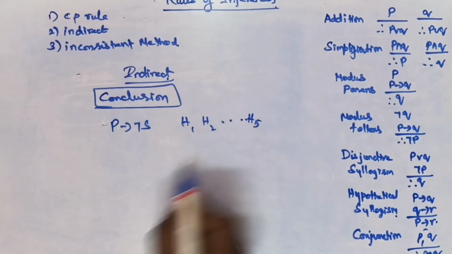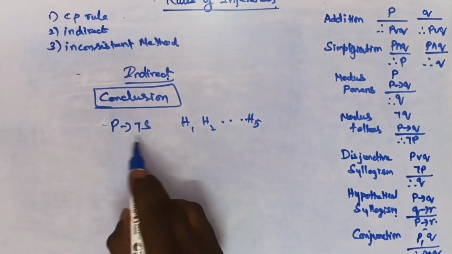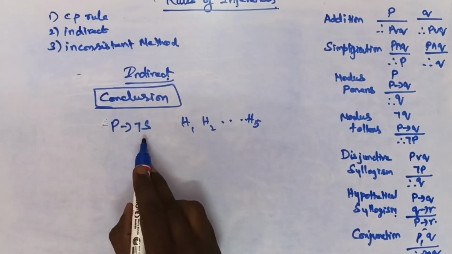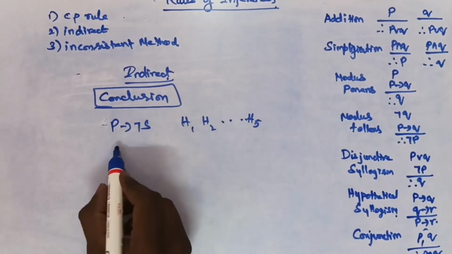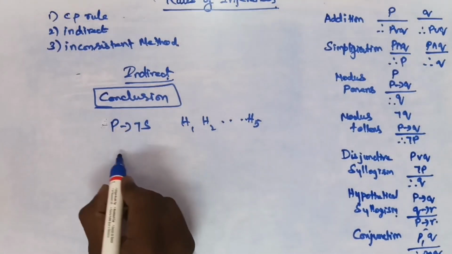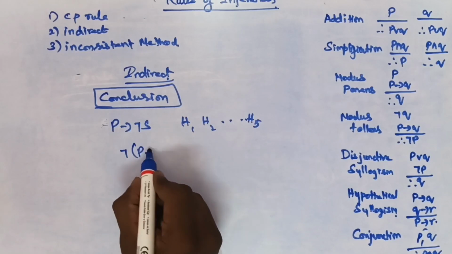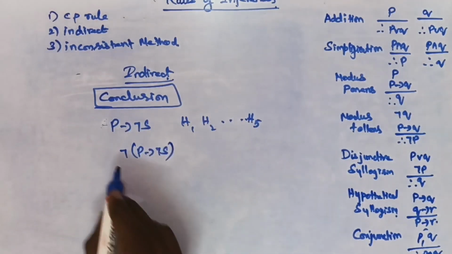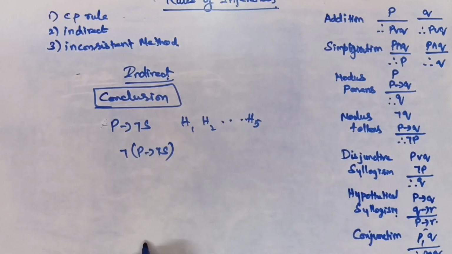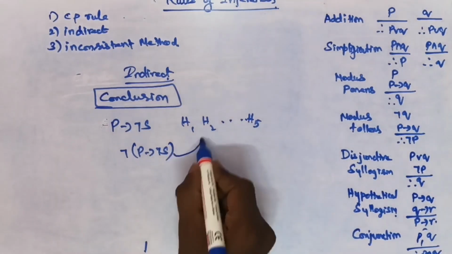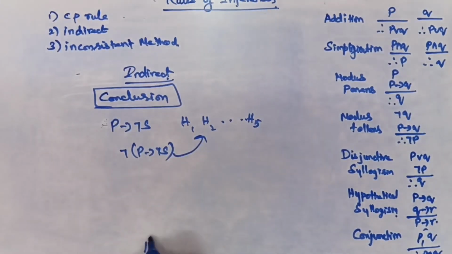You have to take the contrary of this, that is, not of P condition not S. Add this also as one of the premises, and finally if you prove false, then it is the indirect method.